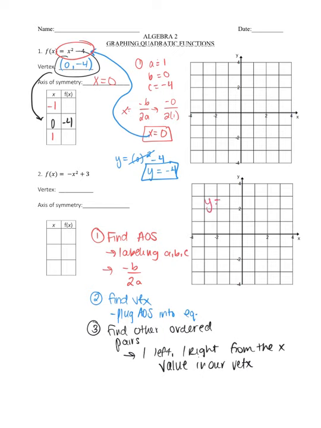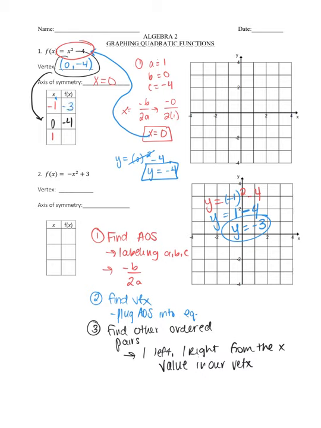But this time, I am going to plug in a negative 1 every time I see an x. Okay? Now, that's kind of hard to see, isn't it? You're just going to have to hang in with me, okay? So now, negative 1 squared is equal to 1, because negative 1 times negative 1 is 1. And then I have 1 minus 4, and my y value is now negative 3. So when my x is negative 1, my y is negative 3.